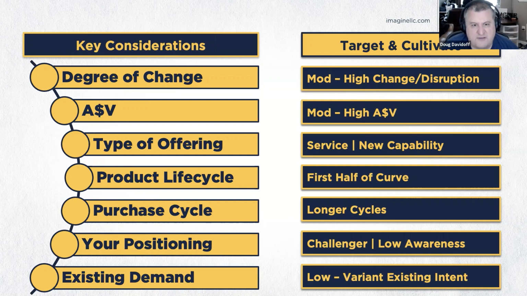The target and cultivate approach is really good on the first half of the life cycle curve. It begins to be less effective on the latter part of the life cycle curve because, by the time you're on the latter half of the curve, you're not looking for disruptive innovation. You're not looking for discontinuous innovation. You're looking to replace something that you're already doing. So there's almost no such thing as late majority new capability.